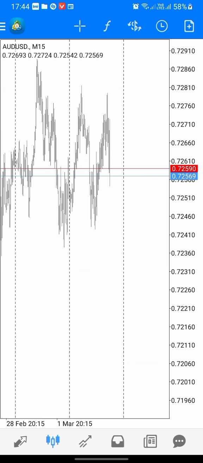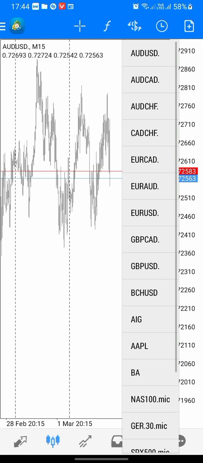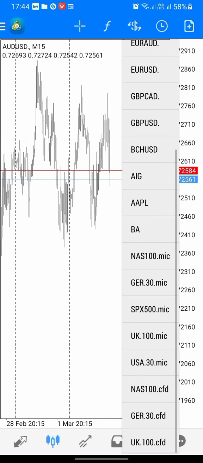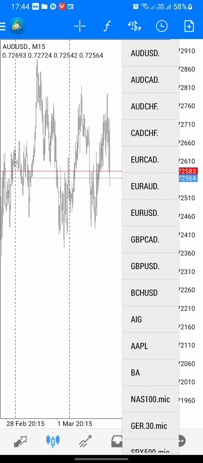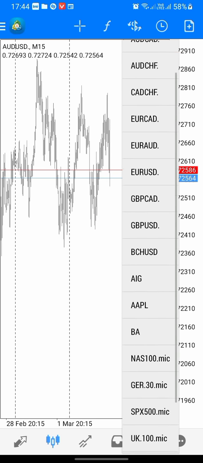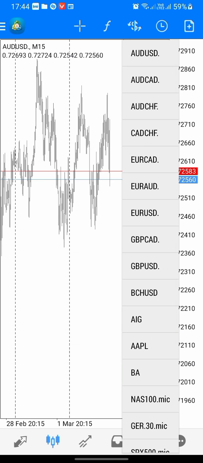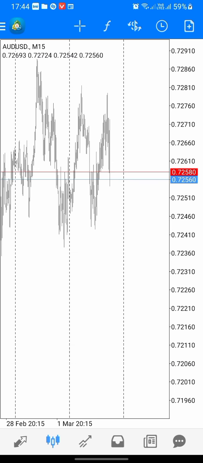Then here is the dollar sign with some arrows, called symbols. You click it and you see your quotes. What you have on your quotes will appear here: your AUD, your USD, your CAD, and everything. You just click it so that it disappears.